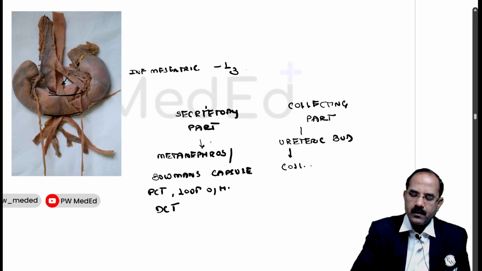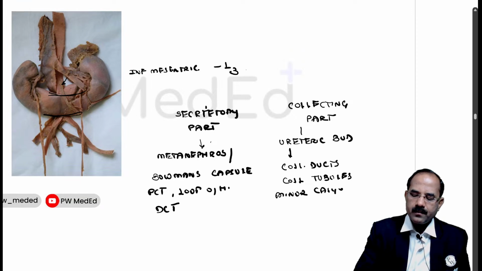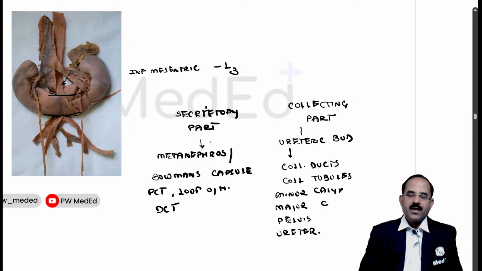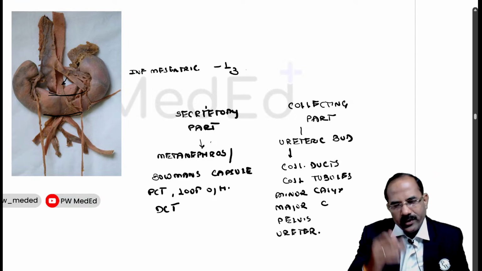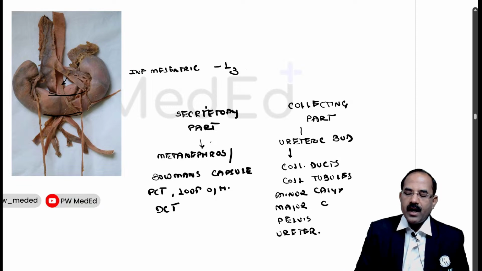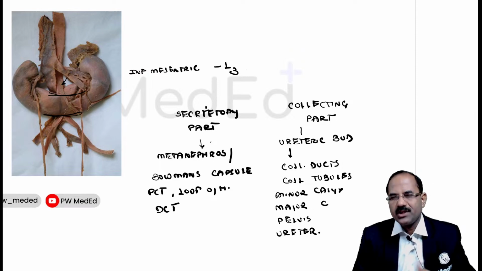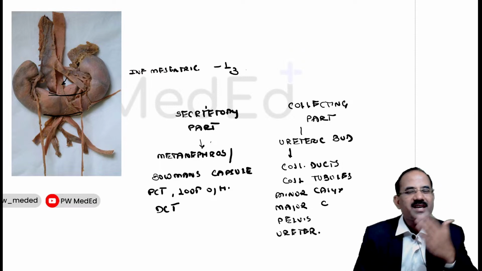The collecting ducts, collecting tubules, minor calyx, major calyx, pelvis, and ureter.